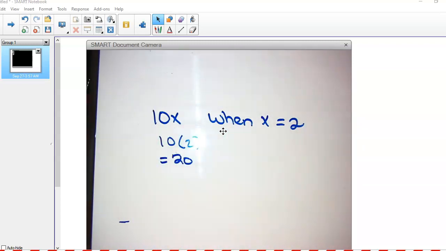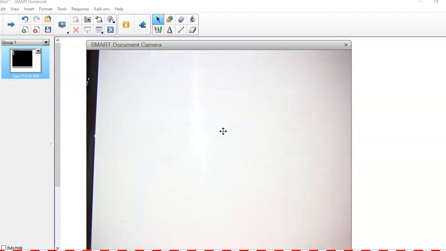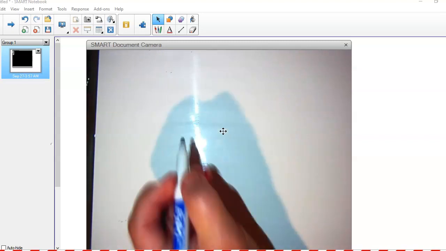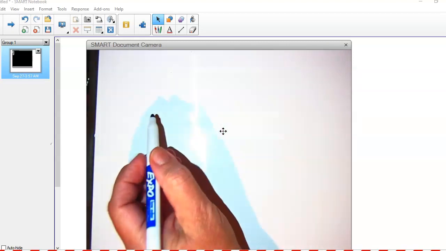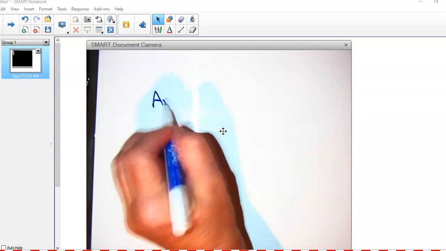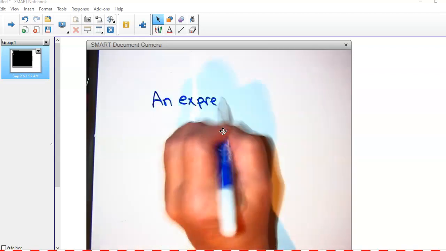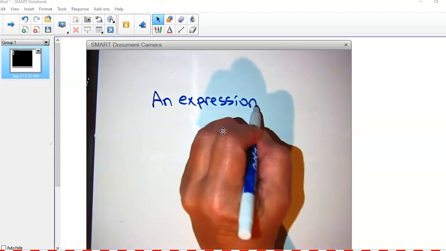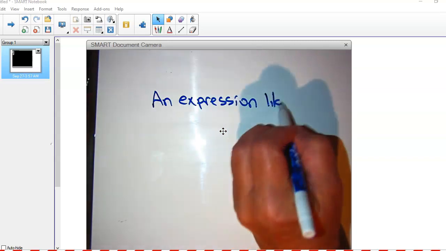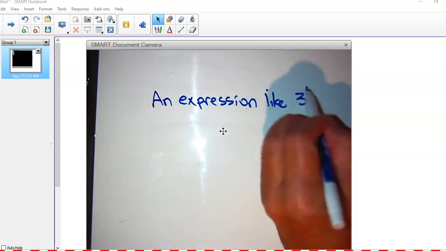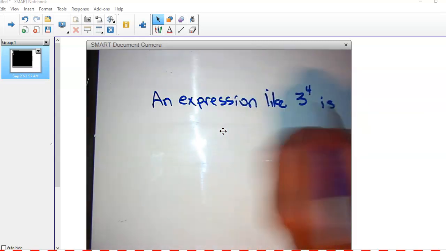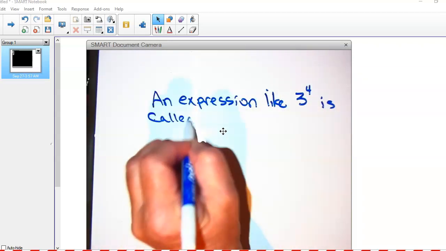So the next thing we're going to look at is exponents. Okay? So an expression like 3 to the 4th is called a power.